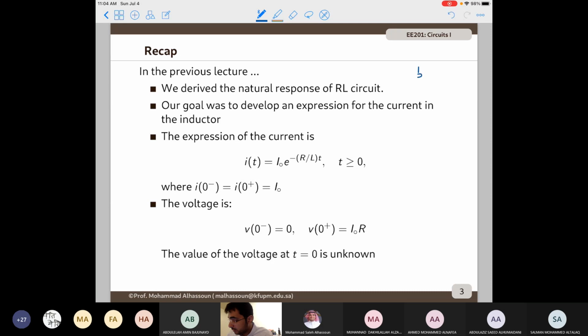So you have an inductor, you have a resistor, and say, for example, here, let's draw it in a better way. Something like this.